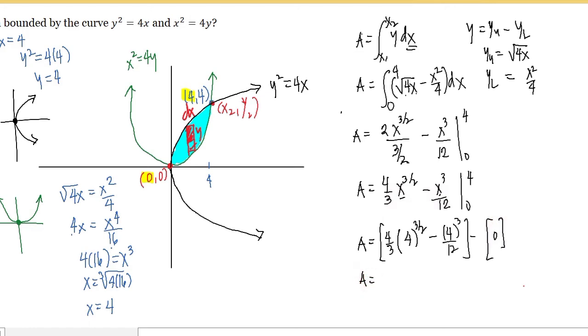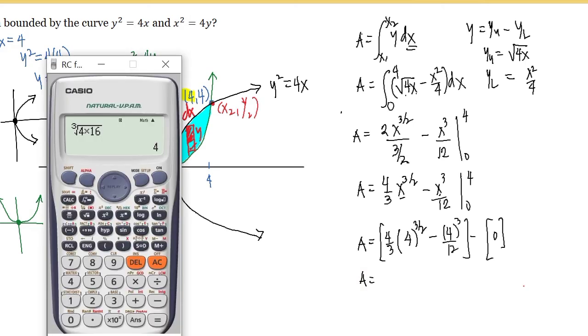So, we have here, make use of the calculator na lang tayo para mabilis. So, that is 4 over 3 multiplied by 4 raised to 4/3 minus 4 raised to 3 over 12.